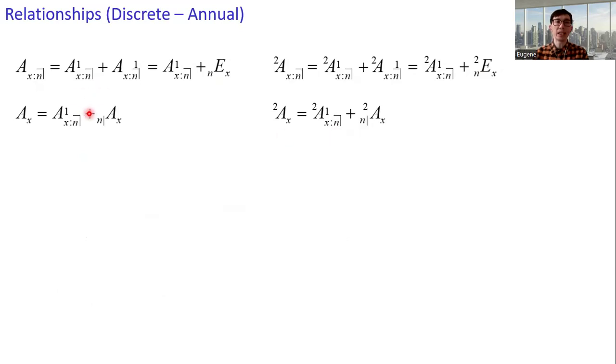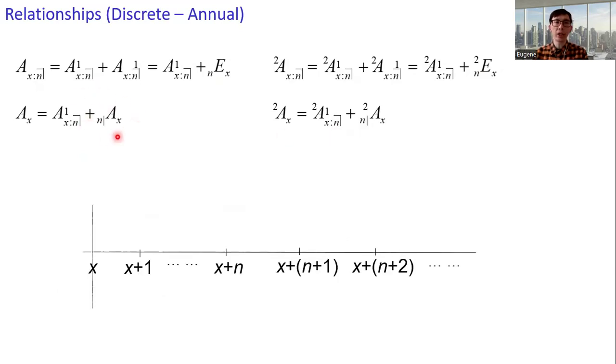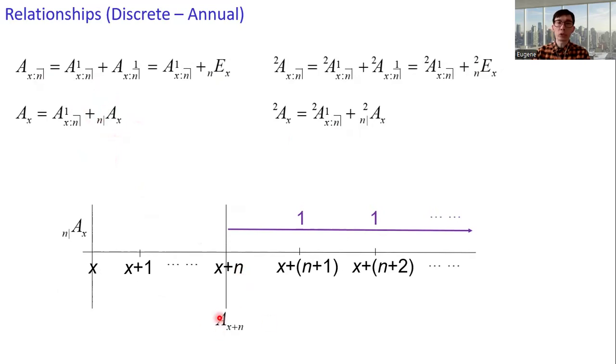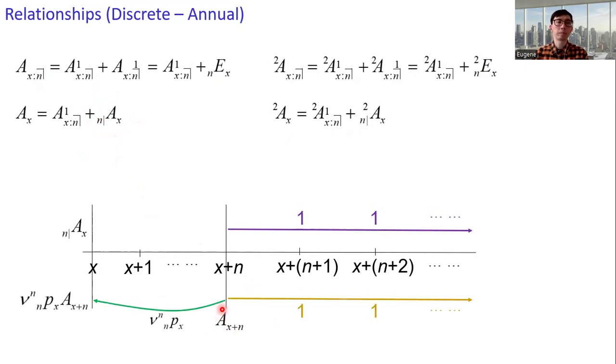And then for the N-year deferred insurance, n|Ax, this equals a whole life insurance on (x+n) and then discounted back. And we have this relationship, and this also applies to the second moment.